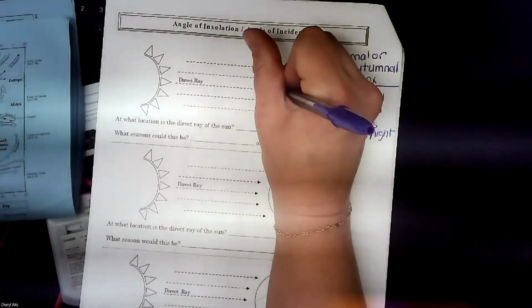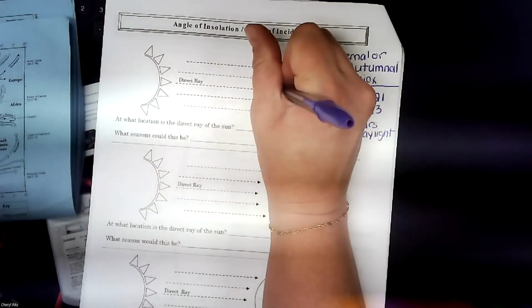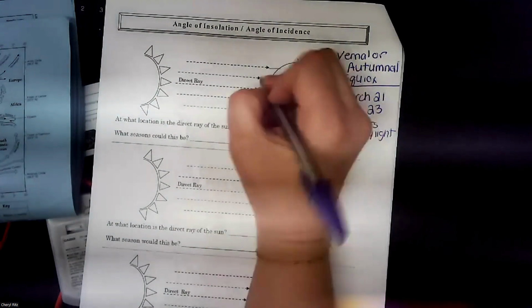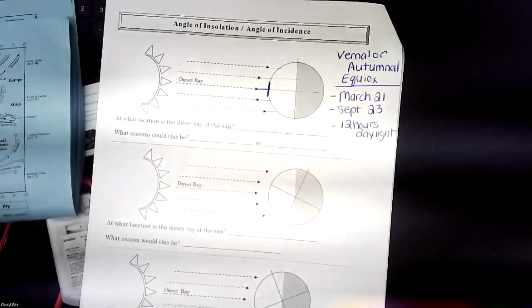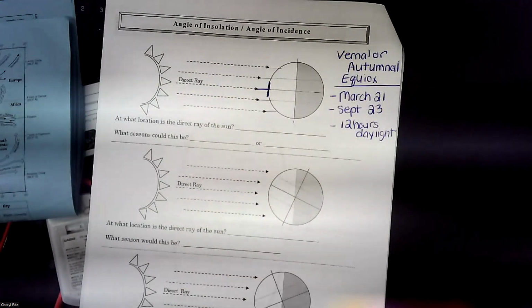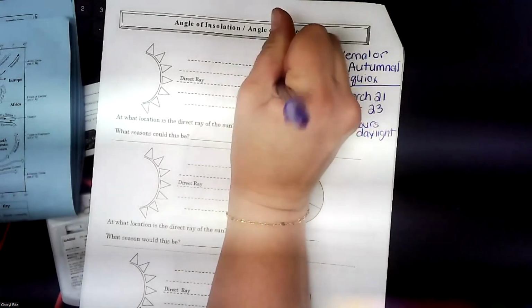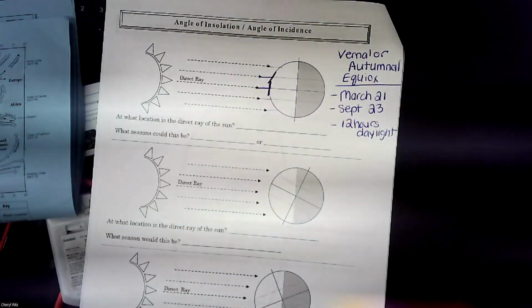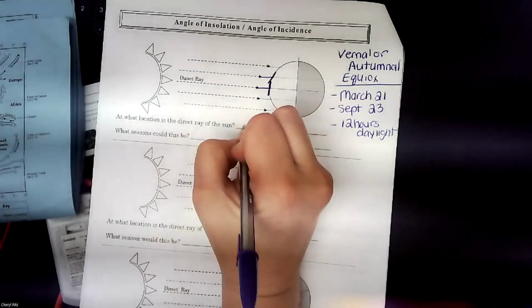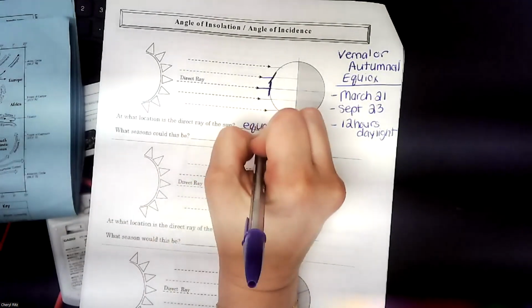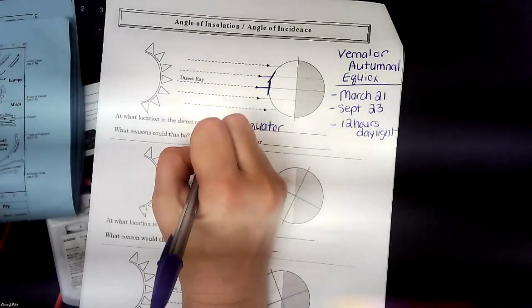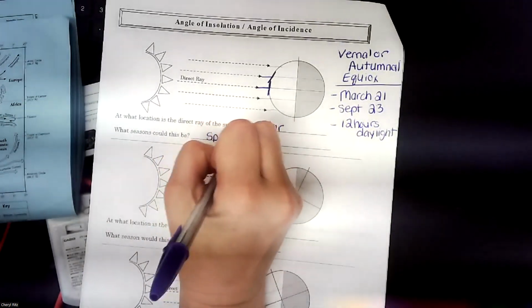So see how if I drew a line showing the ground here at the equator, a nice flat line there, this sunlight beam is making a 90-degree angle? Whereas up here, if I drew a flat line on the Earth, that is not a 90-degree angle. So where is the direct rays of the sun? This is the equator. And what season could this be? This could be spring or fall.